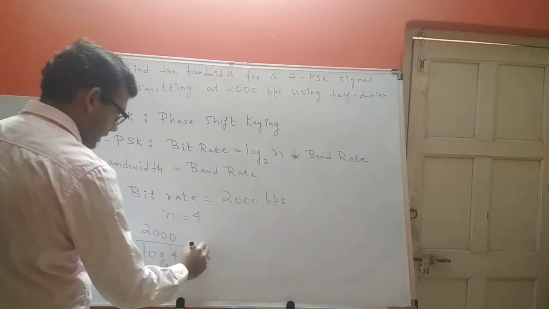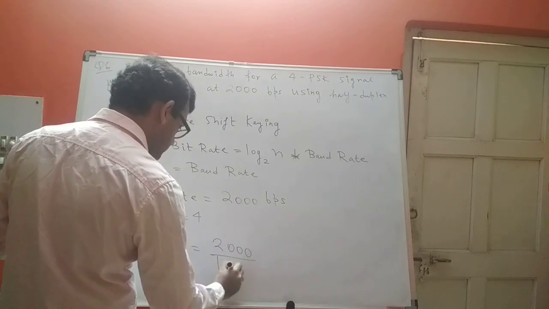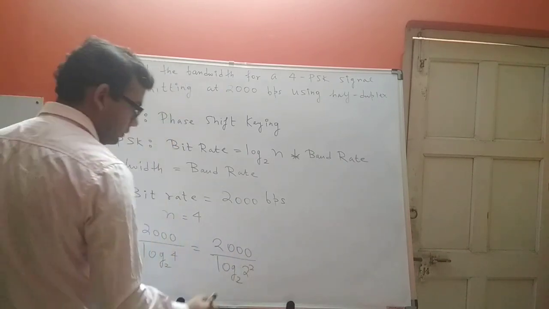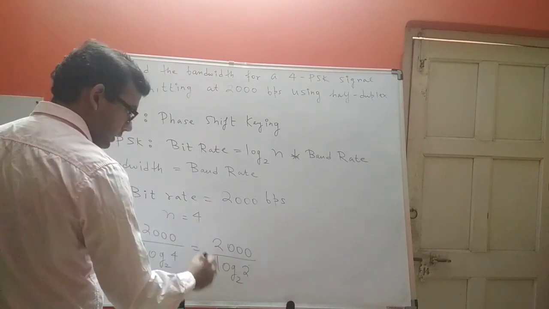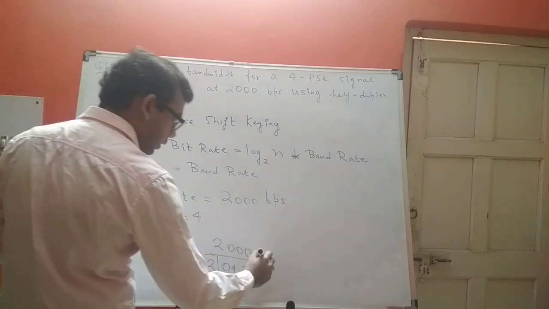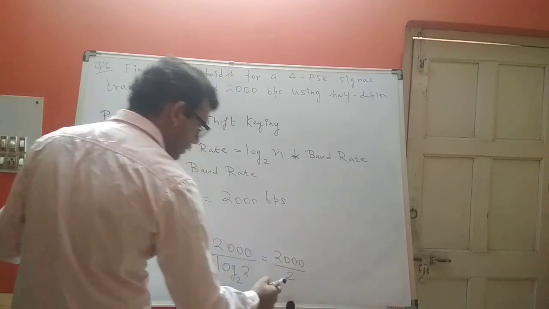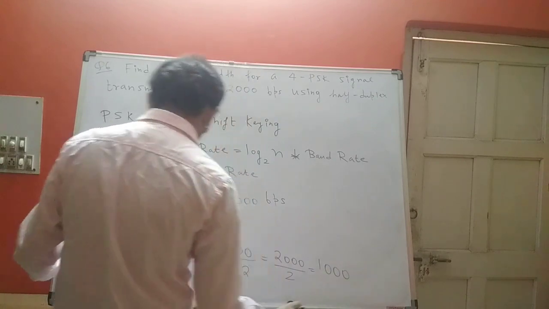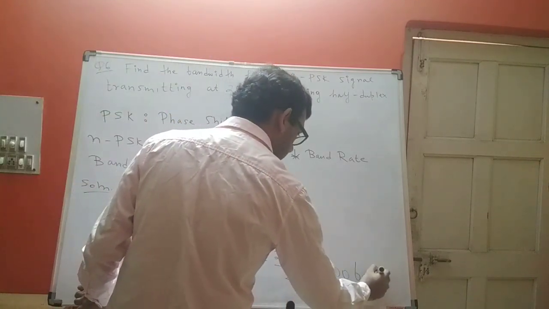If I simplify this, I get 2000 divided by log of 2 to the power of 2 base 2, since 4 can be written as 2 squared. Now this 2, which is at the power, I can bring to the beginning. So log 2 base 2 is 1, and in the denominator I have only 2. If I divide 2000 by 2, I get 1000. So my baud rate comes out to be 1000 baud.